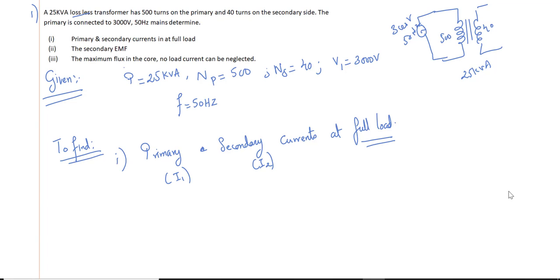So, I1 and I2 we have to find out. Since it is a lossless transformer, we have to consider that the induced EMF will be equal to the supply voltage.